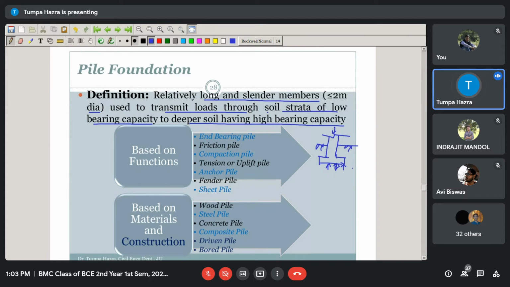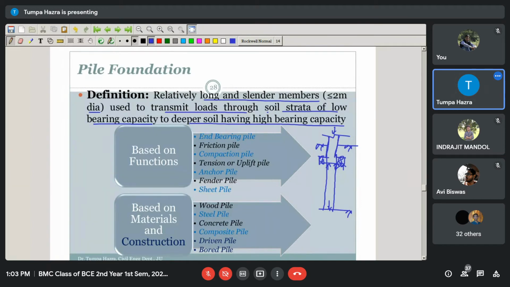And if you find that there is a soil strata of high bearing capacity at a long depth, then instead of constructing the isolated footing or raft foundation, the pile foundation is constructed. Okay, the pile foundation is constructed.